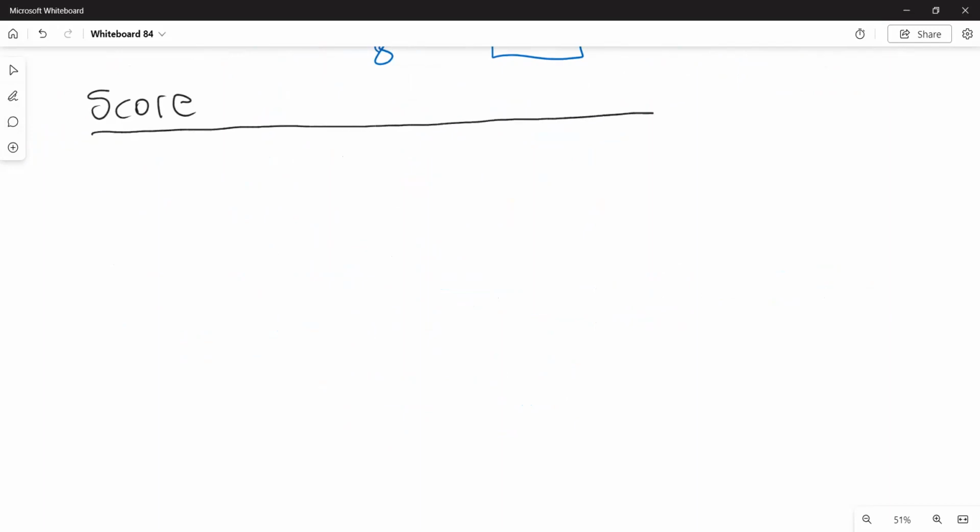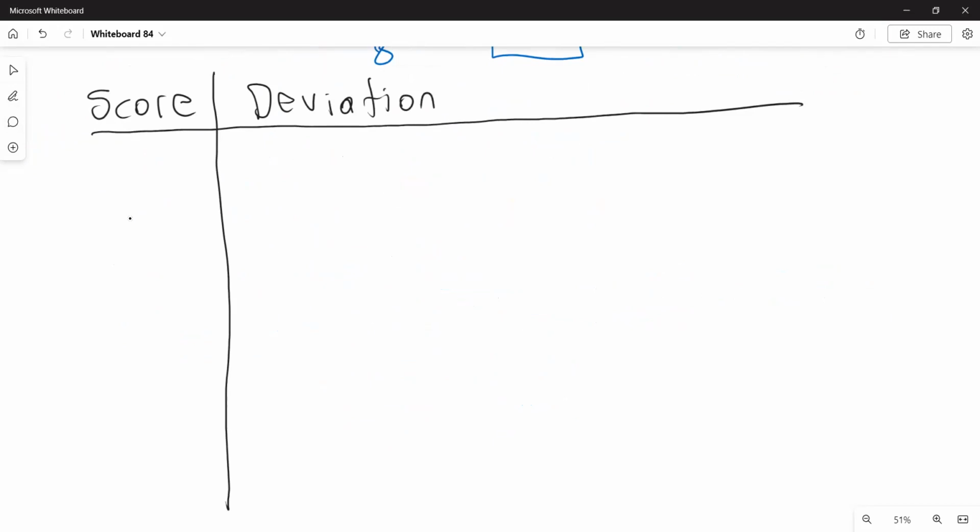So we have the score, we have the deviation from the mean, and the square deviation.